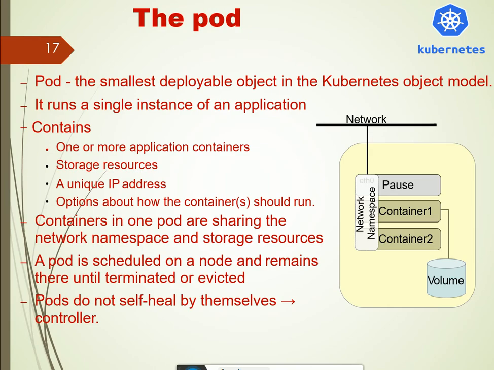Containers in one pod share the network namespace and the storage resources. A pod is scheduled on a node and remains there until terminated or evacuated. Pods do not self-heal by themselves. Controller.